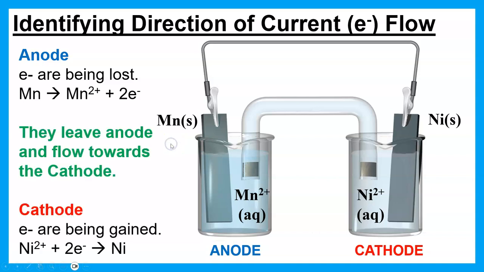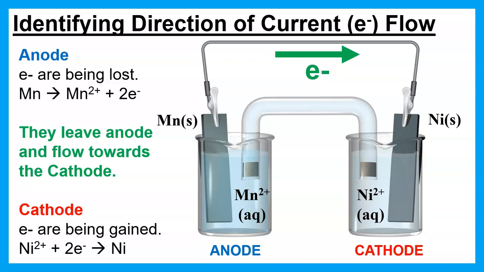Well, they're going to go from the anode to the cathode. I always remember that as it's alphabetical: you're going to go from anode to cathode. So up here near my wire, I am literally going to draw an arrow and label it with electrons. That tells people that the electrons are going to come through this wire, go through here and into the other side.